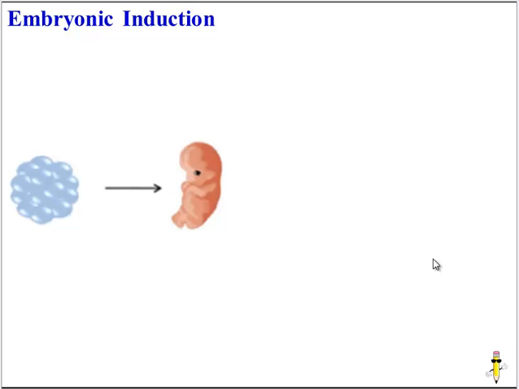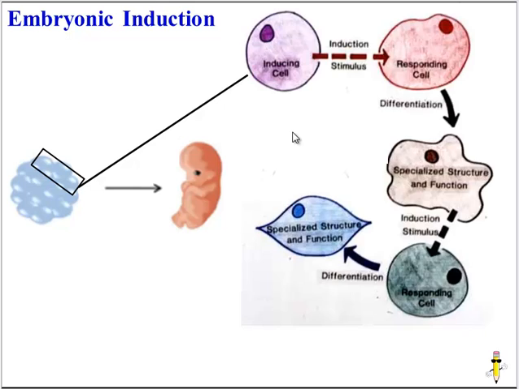So let's zoom out a little bit and go back to embryonic development. Gene regulation is closely related to the process of embryonic induction. And this is the process where a ball of cells will become a specialized fetus. So let's zoom in on these 2 or 3 cells. What's happening with these 2 or 3 cells is that one cell is sending a signal to another cell.